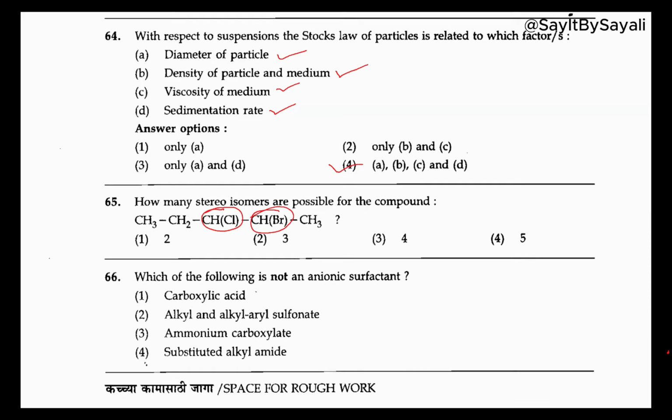Then how to calculate the number of stereoisomers now? Since the molecule is asymmetrical, the two ends are different. The number of possible stereoisomers is given by the 2^n formula. And what is n? n is the number of chiral centers.